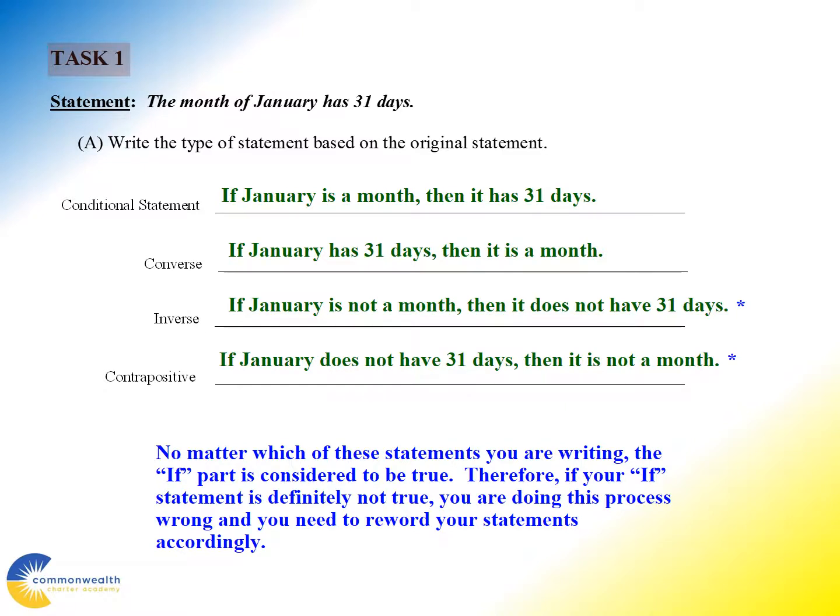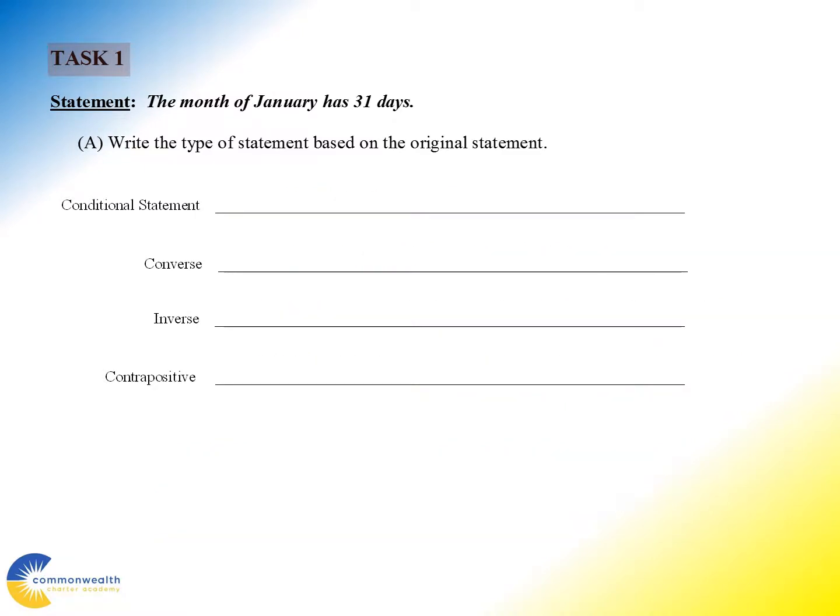The correct answers, or better answers, for these four are as follows. The conditional statement is, if the month is January. Months could be different. I could have a different month. I can't have different Januaries, or have January be a month and then not be a month. So if the month is January, then it has 31 days.